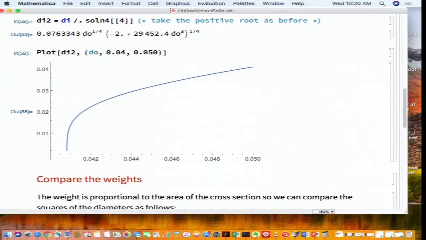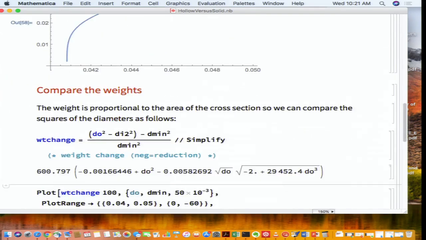So if you increase the outer diameter by a little bit, for example if your initial outer diameter was here and you go to the outer diameter by just this increment, your internal diameter will increase from almost 0 to this portion. So you take out this material, and essentially it weighs significantly less.